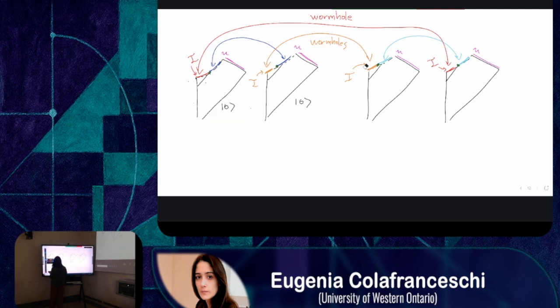The swap operator, if you have a Hilbert space which is the tensor product of two Hilbert spaces, is an operator that just swaps the ket and the bra of your system.